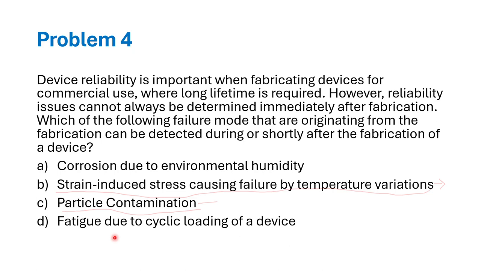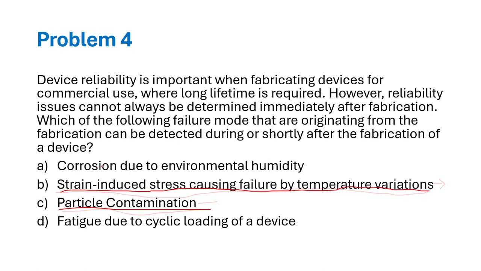Okay. So the answer is particle contamination. Strain induced stress by temperature variation can occur when, let's say you have made a mechanical device, a MEMS device, which has some mechanical parts, and you are subjecting the device to some temperature variation.